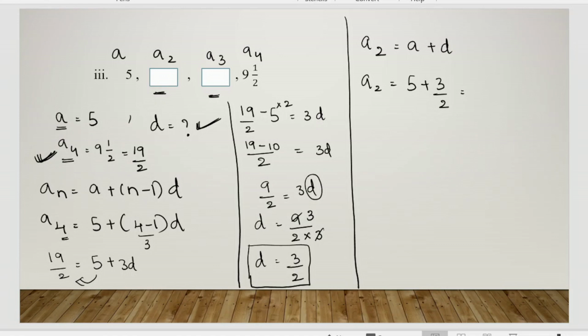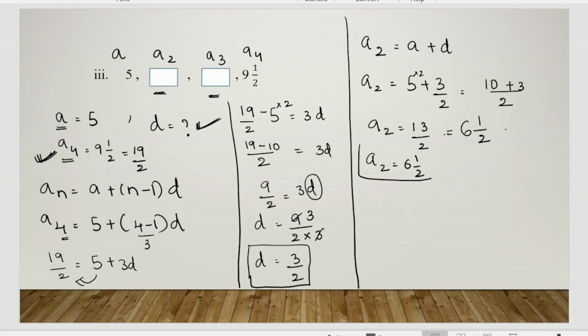If you take the LCM, you will get 2. 5 2s are 10 plus 3, so A2 will be 13 by 2. 13 by 2 is nothing but 6 1 by 2. Clear? So A2 is equal to 6 1 by 2.